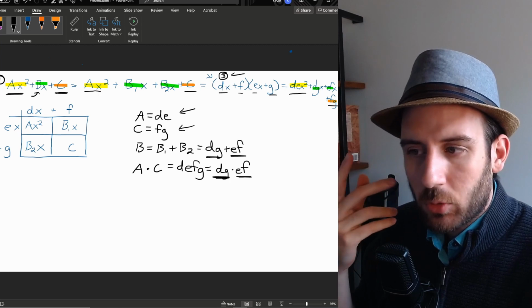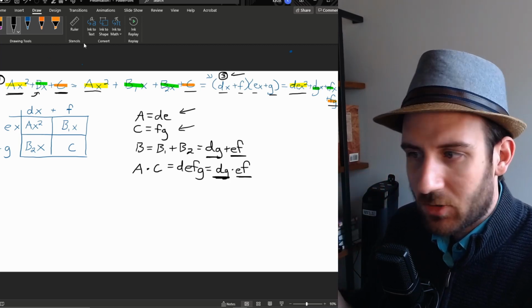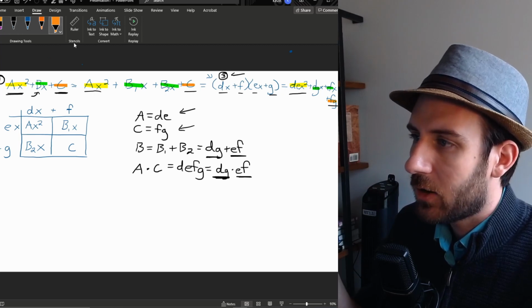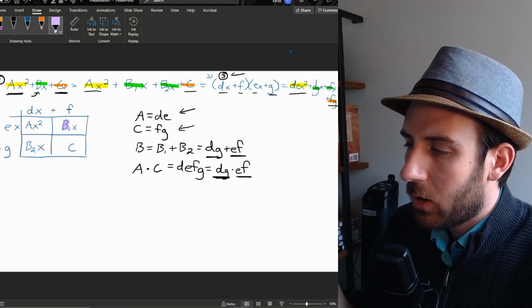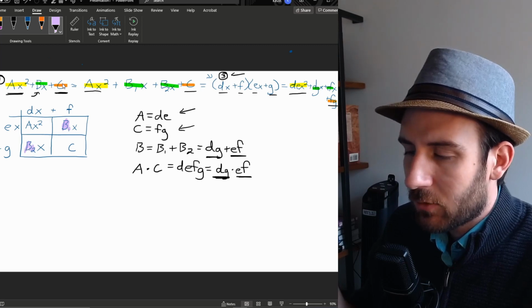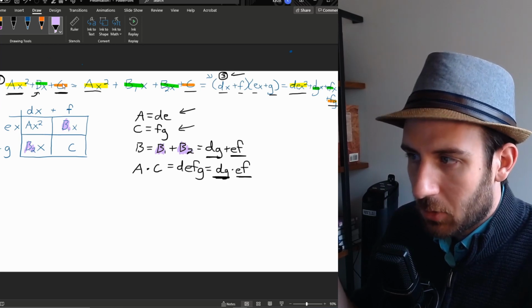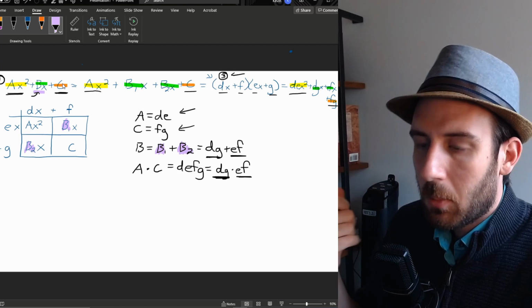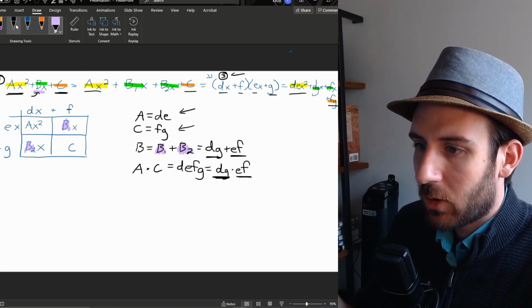So I actually only need to find two pieces of information to do all of this. This might seem a little bit obvious now that we're looking at it in hindsight, but really all I need to do is find B1 and B2, because these numbers add to my B, of course, and they multiply to A times C, which is right here.